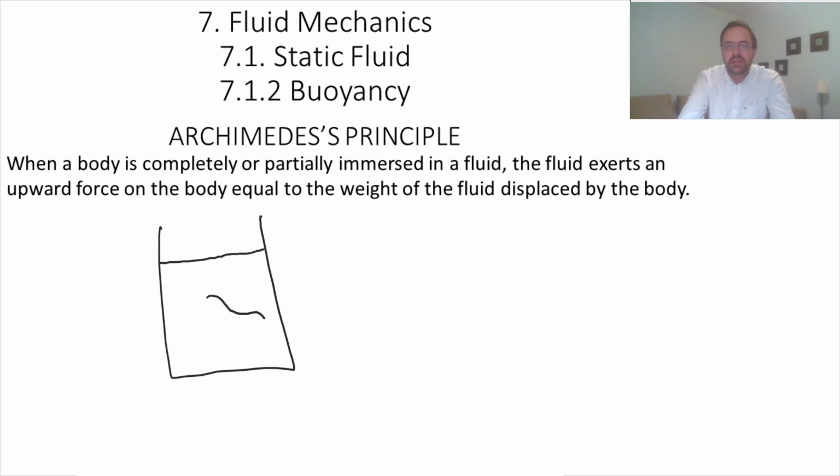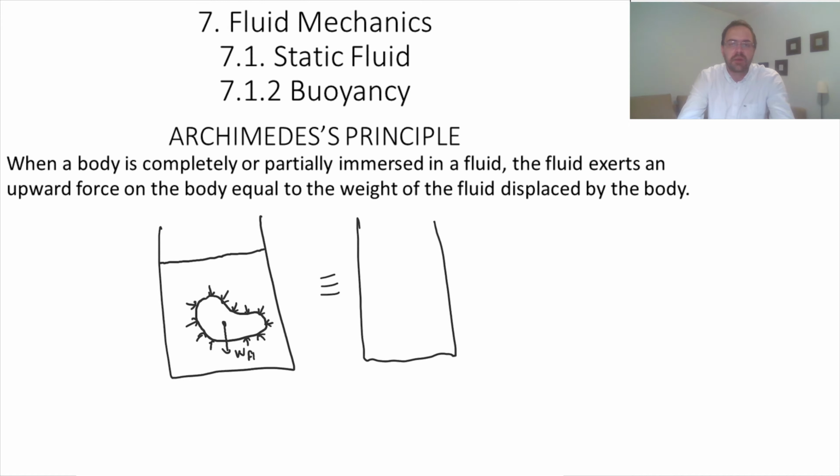So we consider an element of fluid, and this element is subject to its own weight, W fluid. And the rest of the fluid exerts forces on this element. These forces are the forces of pressure, and they are perpendicular to the surface of the element of the fluid that we consider. And we can sum up all of these forces, and this is what we call the buoyancy force.